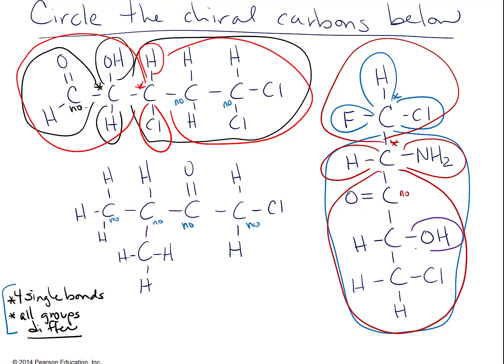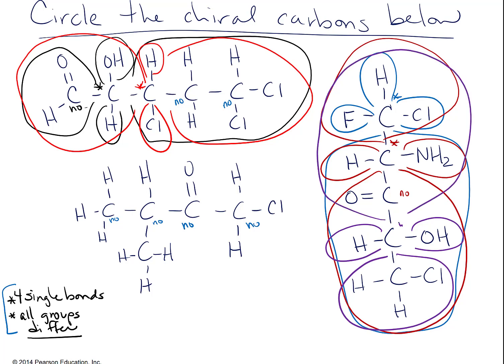The next one, here I have an OH, an H, a single carbon group, and a big group above. Yes. And then looking at the last one, I have 2 hydrogens, that's a no. So in this one, I actually have 3. This one has 2 total, this one has 0.